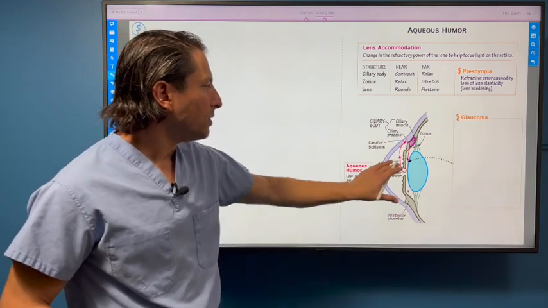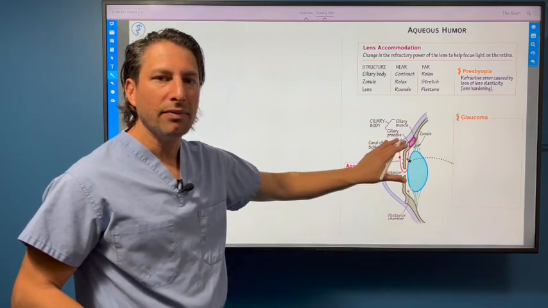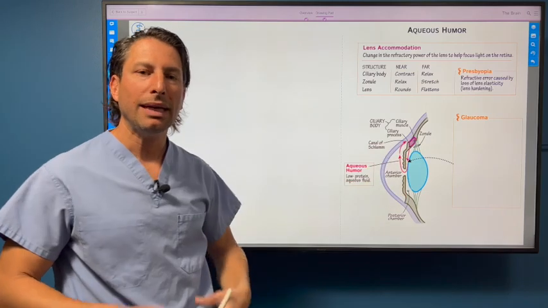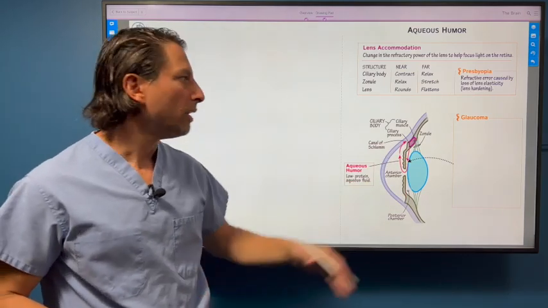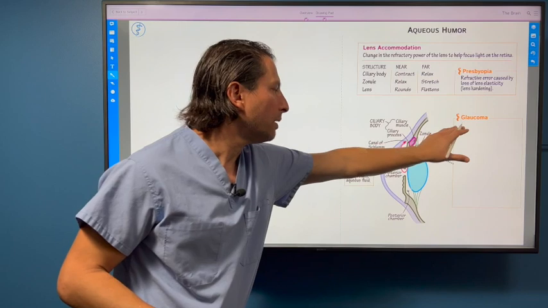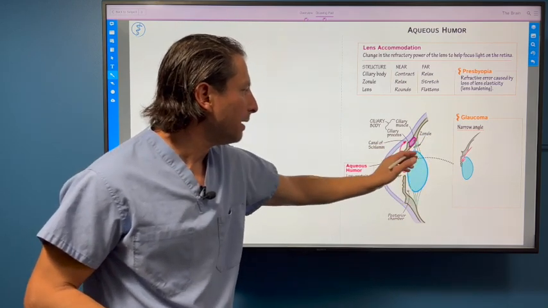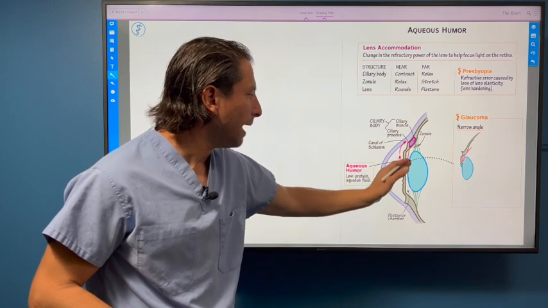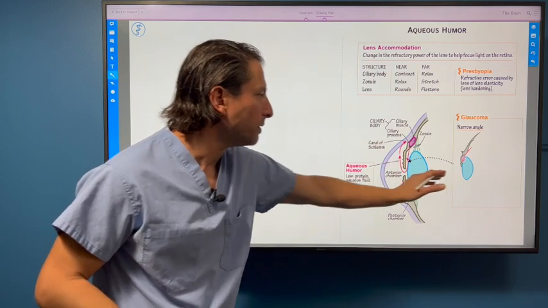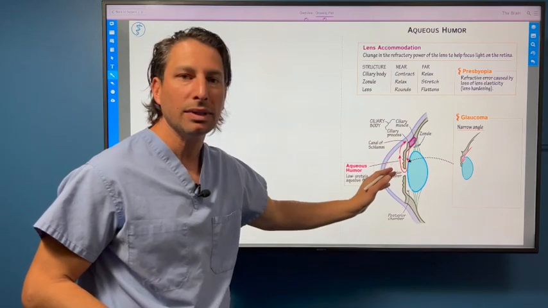When it comes to aqueous humor, if there's an abnormality there can be an increase in ocular pressure, which is the basis of glaucoma. Now there's narrow angle, meaning that the fluid is unable to get out into the anterior chamber here. There's abutment of the lens in the iris here.